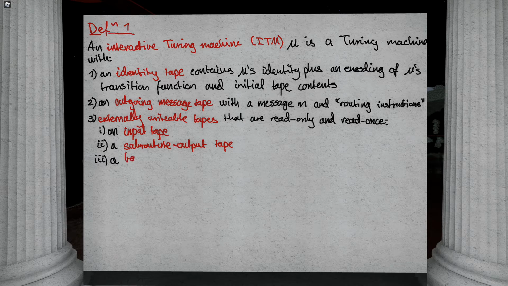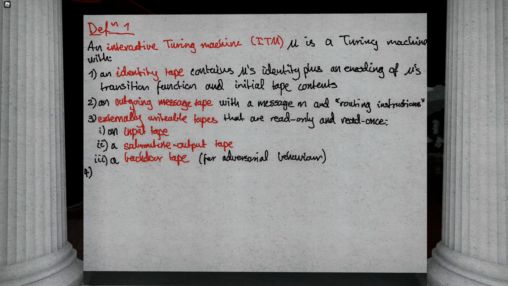So the other thing was the backdoor tape. And I just write a little reminder to us, this is for adversarial behavior. So if a machine is leaking data to the environment, or maybe it's waiting for instructions from the adversary, this is all going to go through the backdoor tape.